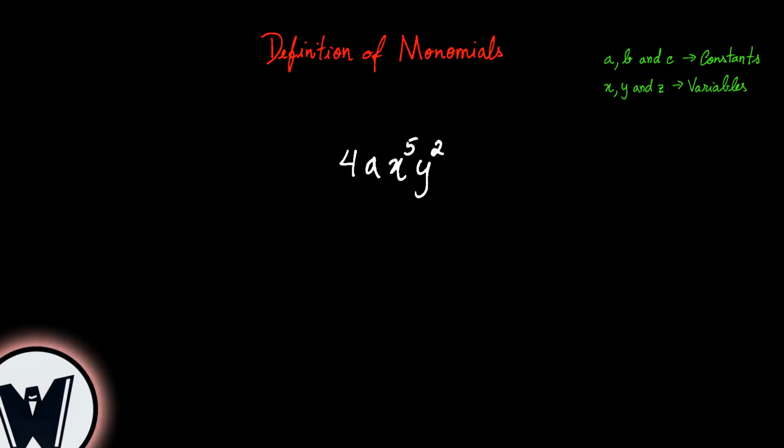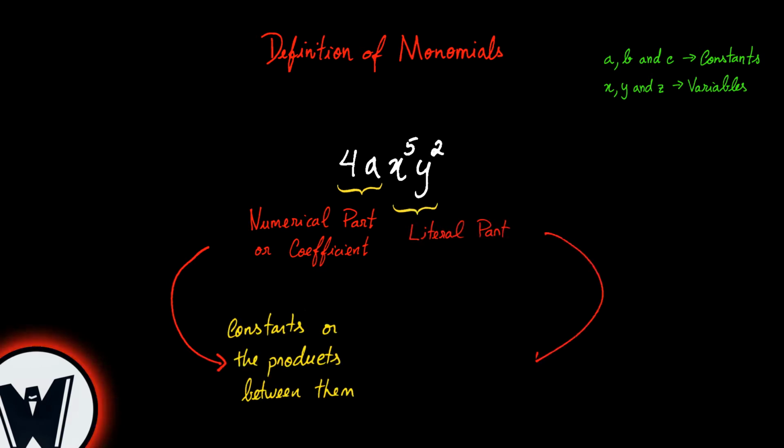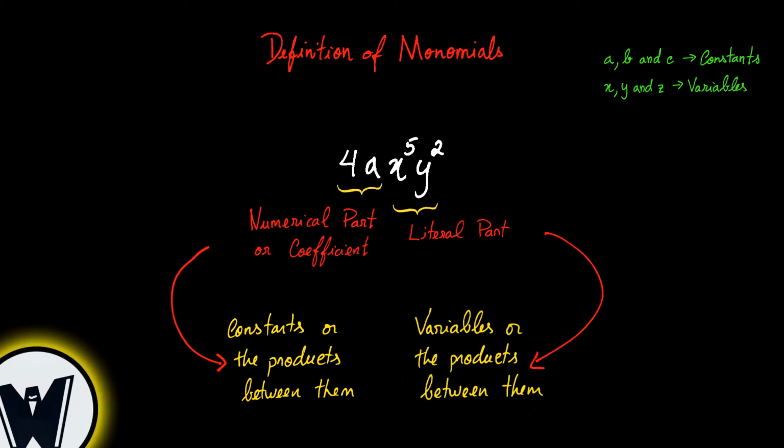As has been said in the first part of this video sequence, and by the definition of monomials, in a monomial we may distinguish a numerical part that can be called coefficient, that comprises the constants or the products between them, and a literal part that encompasses the variables or also the products between them.